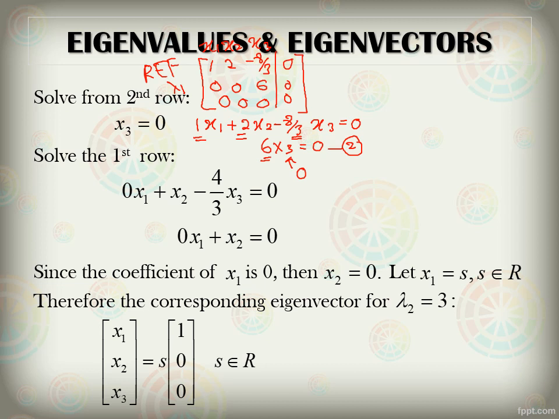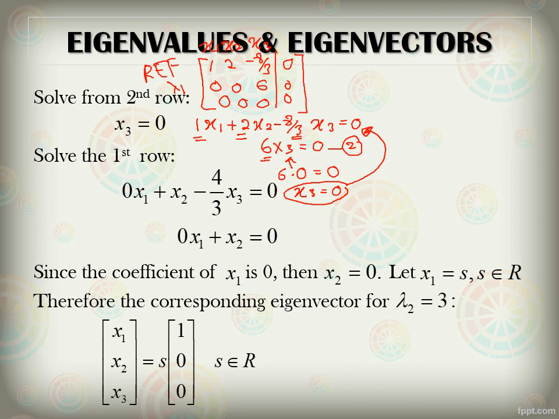Correct? Because 6 times 0 is equal to 0. That's why we conclude that x3 equals 0. And we substitute this x3 into the first equation to solve the first linear equation. Understand that? Clear with that?